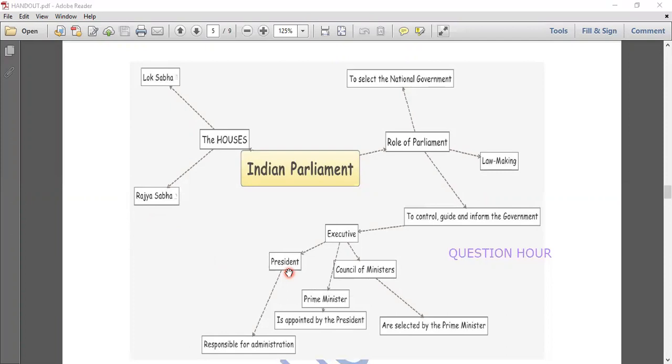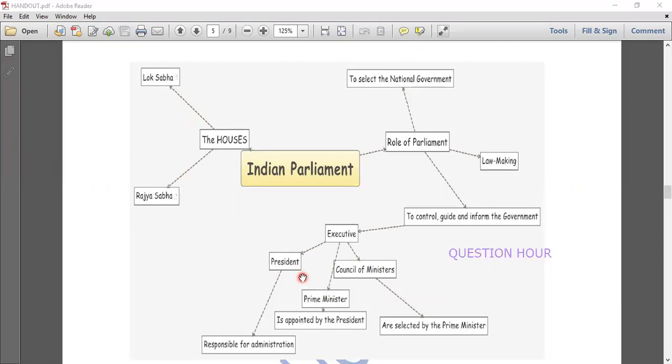If he rejects the bill, he will send it back to the legislative, and again a system of debate and discussion is held, and then the bill is passed on to the president again. But if the same bill comes to the president for the second time, he cannot deny it, right? Because he is assured that proper discussion and debate has been held in the parliament, and then he would give his consent.